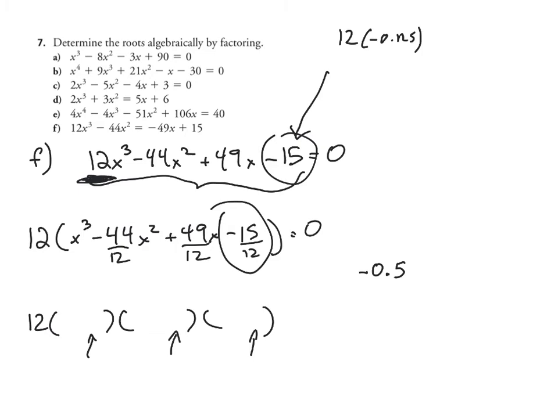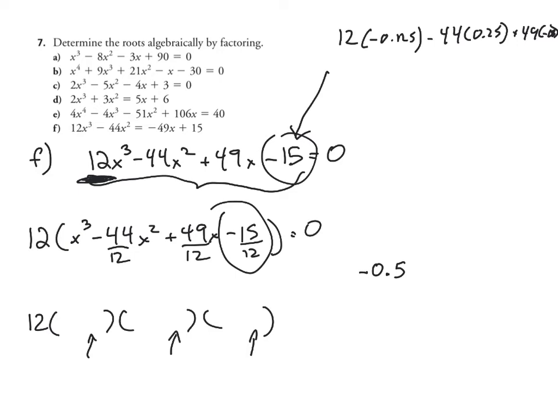0.125 minus 44 times 0.25 plus 49 times negative 0.5. Yep, that actually does equal 0.